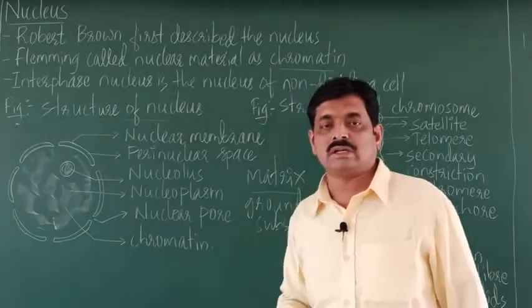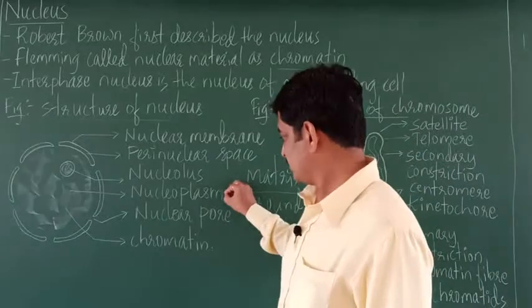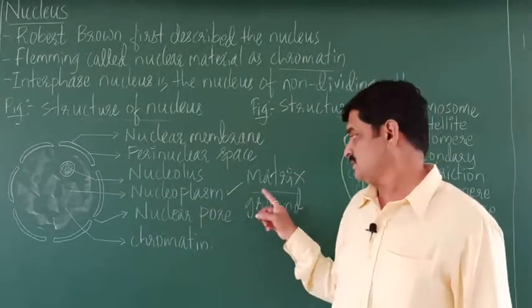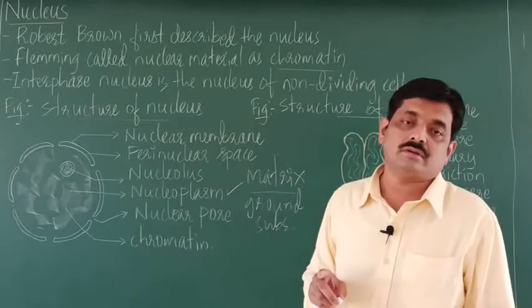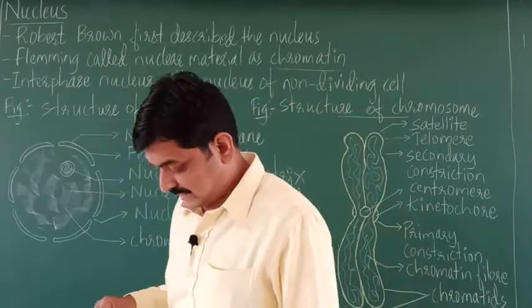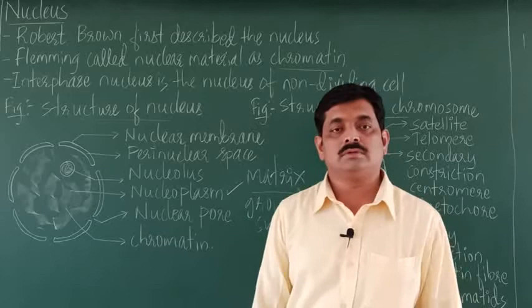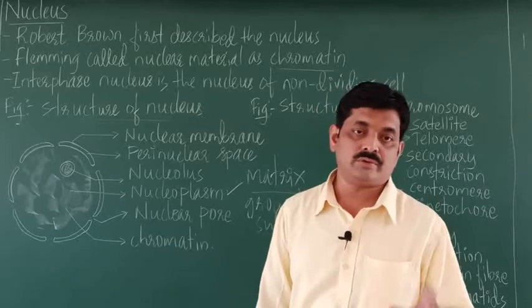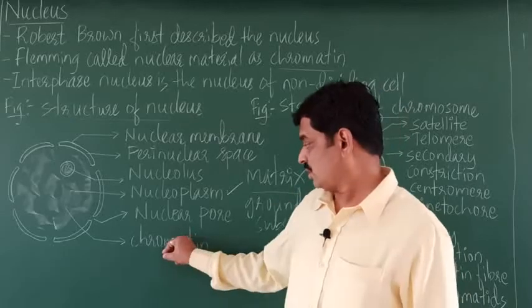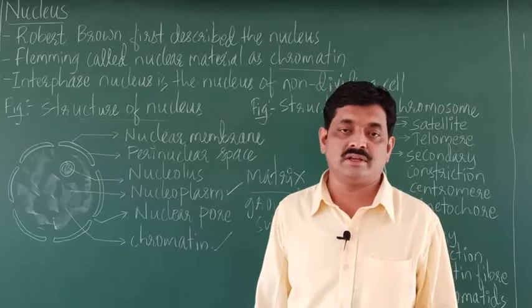What is the matrix or ground substance of the nucleus called? It is called nucleoplasm. So nucleoplasm is the matrix of the nucleus. Now what is present in the nucleoplasm? Nucleoplasm contains the nuclear material, and that nuclear material is called chromatin.